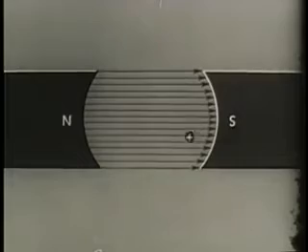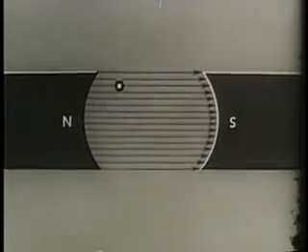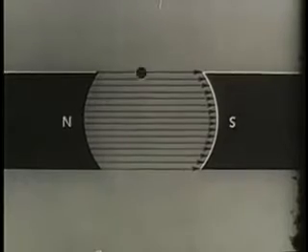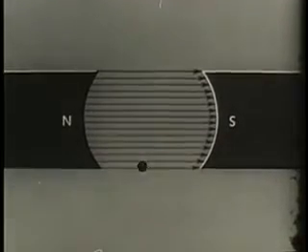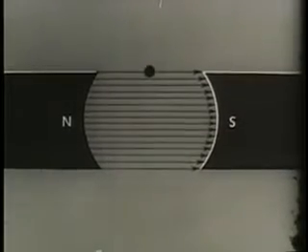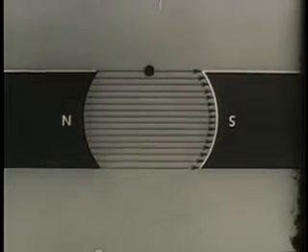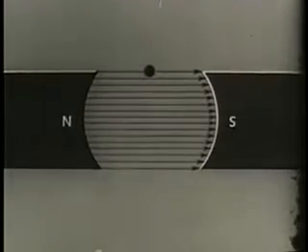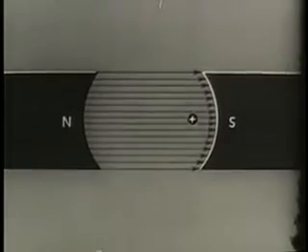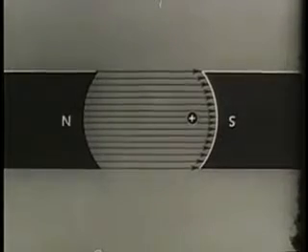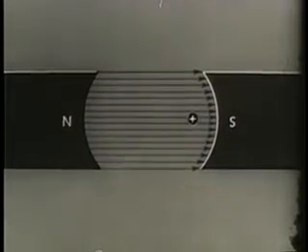When the conductor moves in a rotary path, the number of lines cut varies depending on the position of the conductor. At the top of the field, for instance, no lines are being cut and no EMF is generated. As the conductor keeps turning, the number of lines cut increases, so that at a quarter turn or 90 degrees, the maximum number is being cut and maximum EMF is generated.